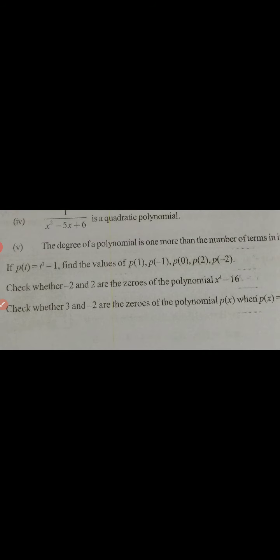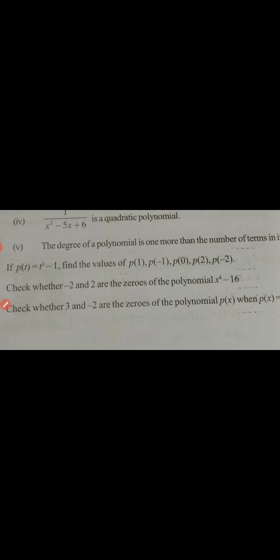Now the third question is given. It is a problem. P of t is equal to t cube minus 1, then find P of 1, P of minus 1, P of 0, P of 2, P of minus 2.